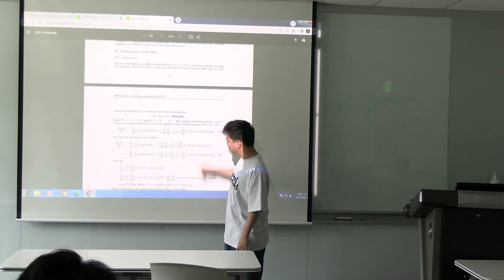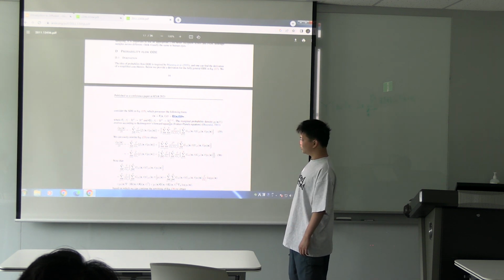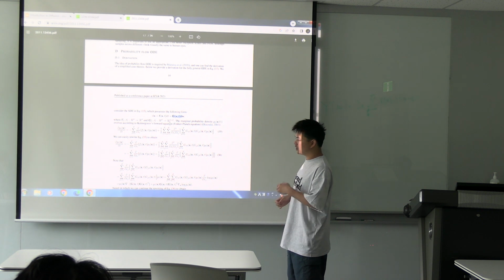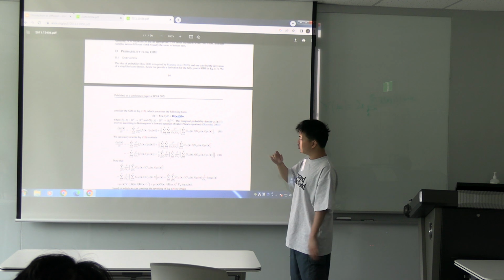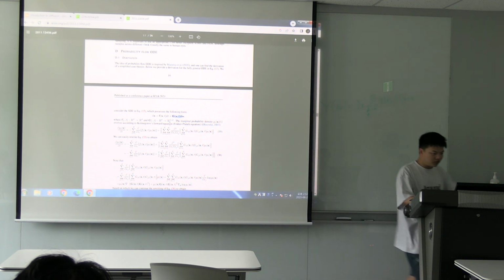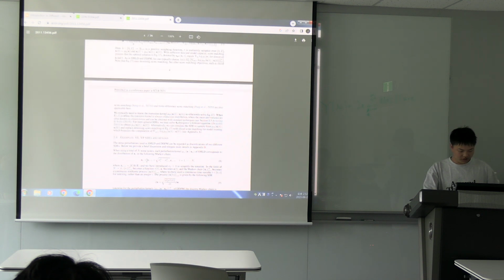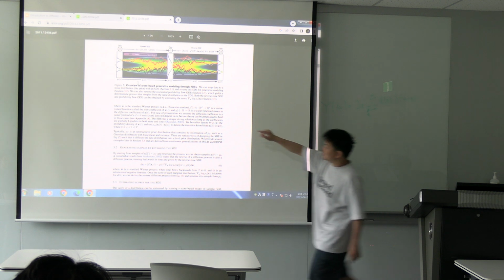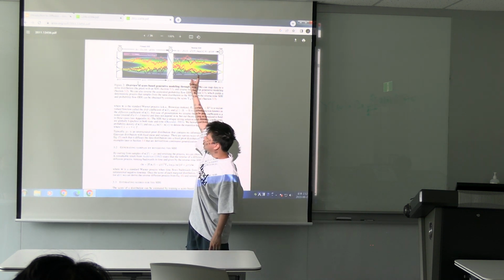So an SDE is where the coefficients are random variables, right? No, SDE is stochastic differential equation, and what that means is the solving process is stochastic. The forward process is stochastic, and the diffusion model is trying to learn the backwards process, which is also stochastic.